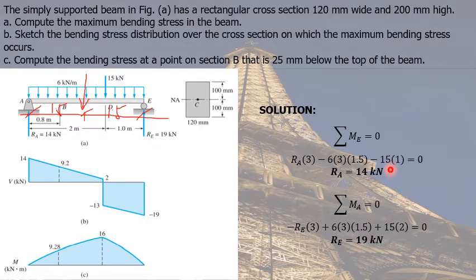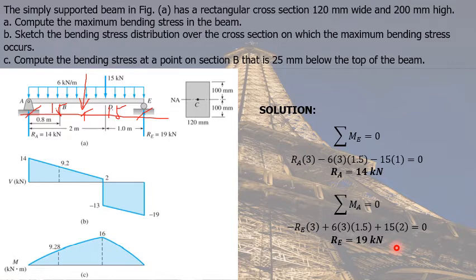After solving for RA and RE, we can actually countercheck whether our support reactions are correct. How? Simple. By having summation Fy, or summation of vertical forces, equal to 0.